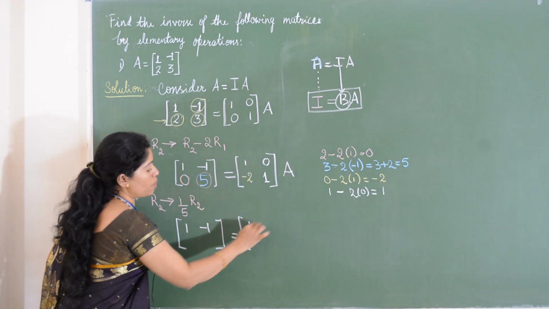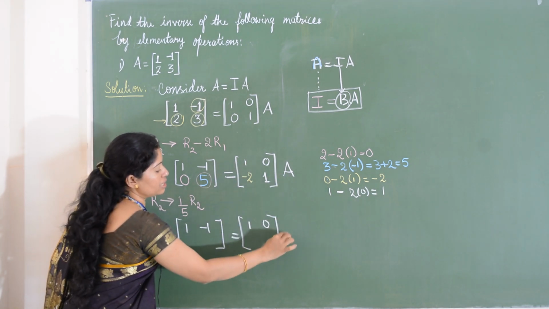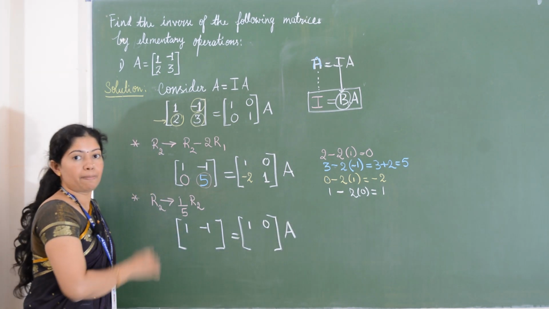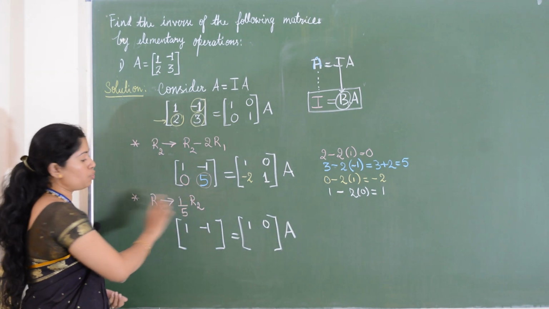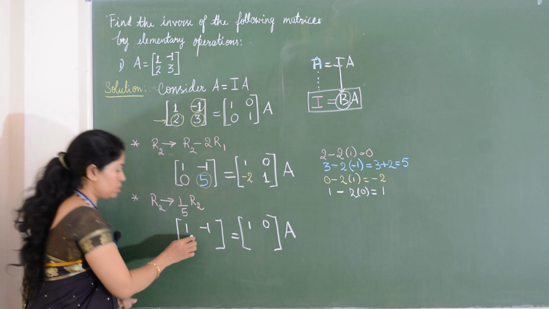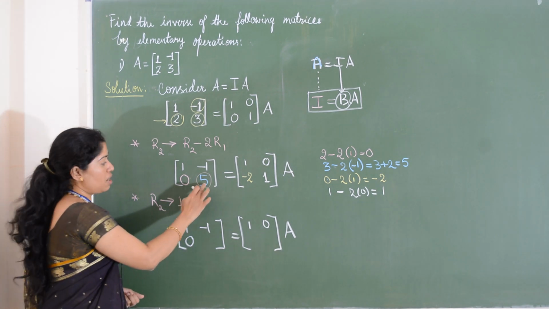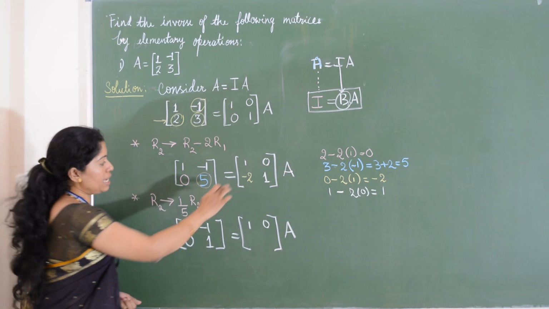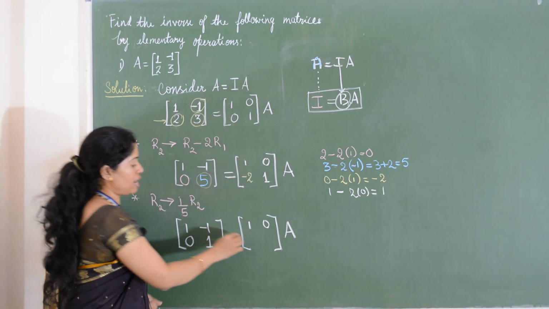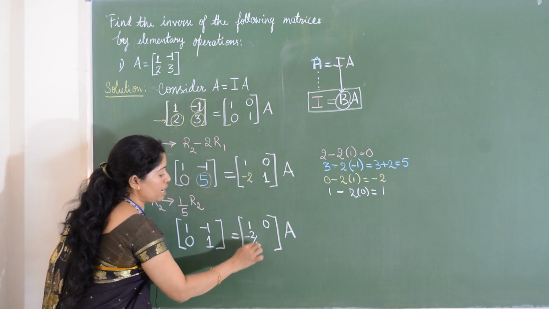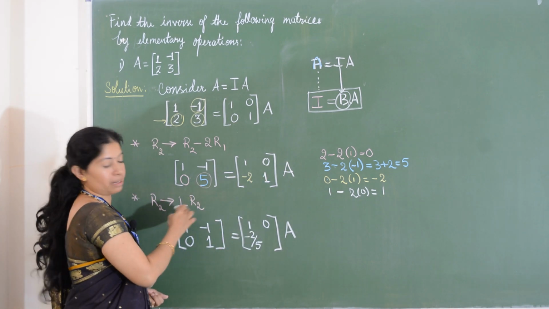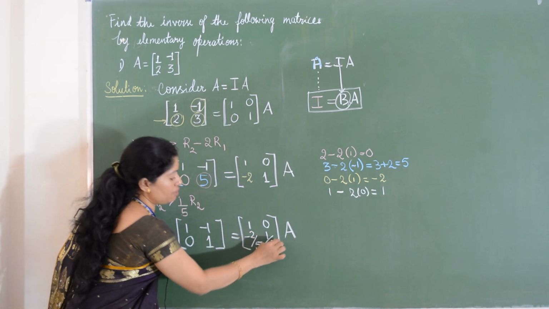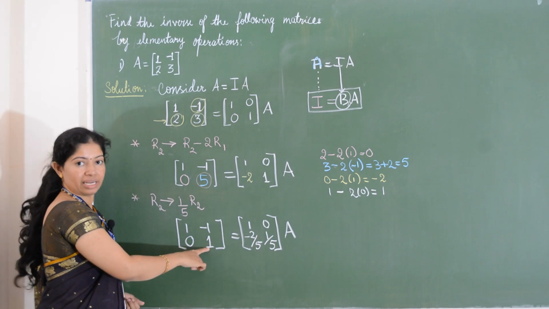Here also 1, 0 and write this A as it is. Now apply the operation. 0 into 1 by 5 will give you 0 only. Next, 5 into 1 by 5 will give you 1. Next, minus 2 into 1 by 5 is minus 2 by 5. Next, 1 into 1 by 5 is 1 by 5. So making this 1 is over.